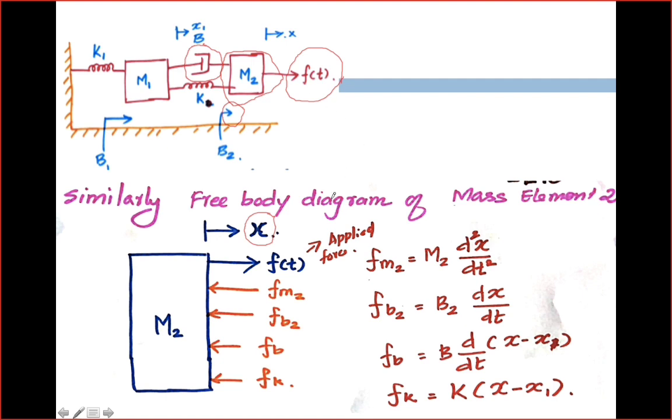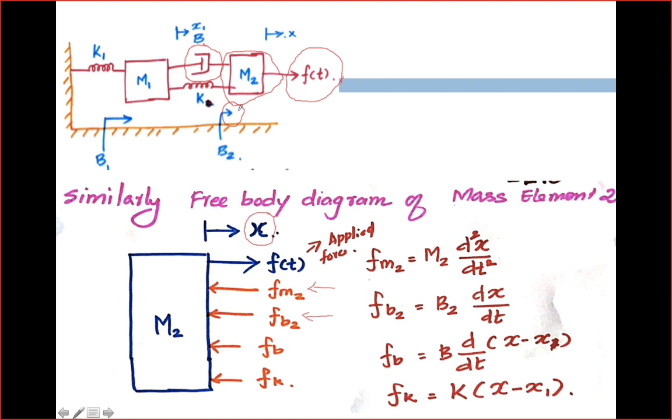Because of this applied force, there will be opposing forces due to connected elements. The first opposing force is from the mass element m2, that is Fm2. Then the opposing force related to friction b2.